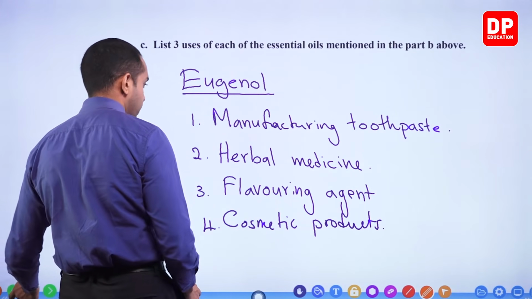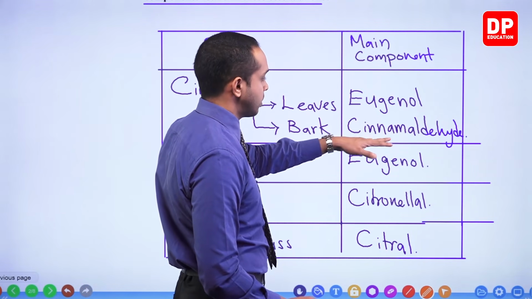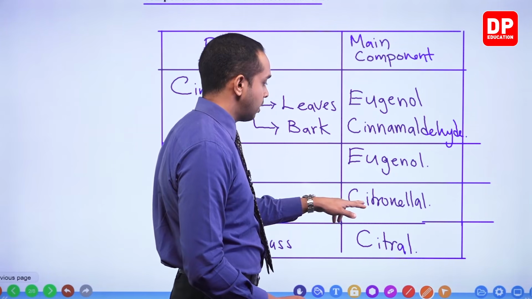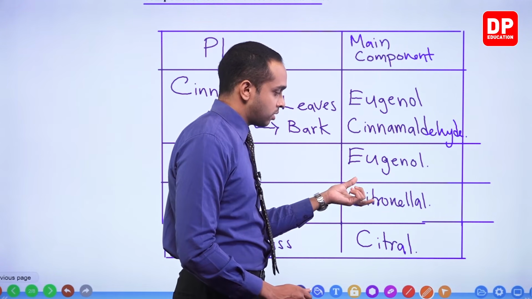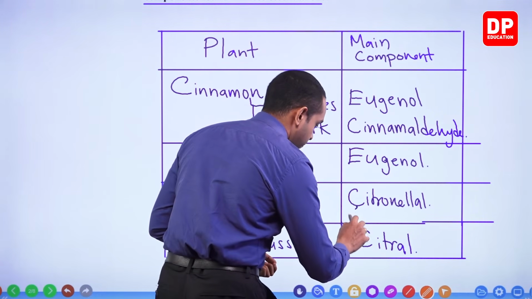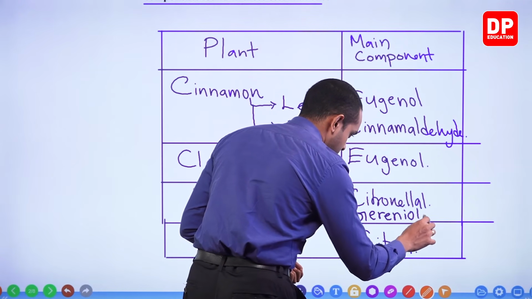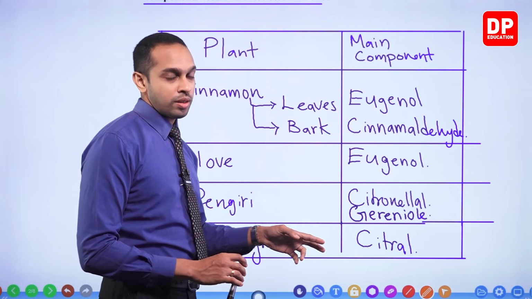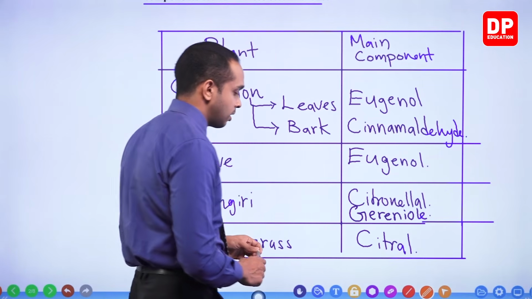So apart from that, now we have spoken about eugenol, we have cinnamaldehyde, again eugenol here, and then we have pangiri citronella. Actually, when it comes to citronella, more than citronellal, we actually have something called geraniol. So we have to include that as well. Geraniol is another component that is more prominently there than citronellal.